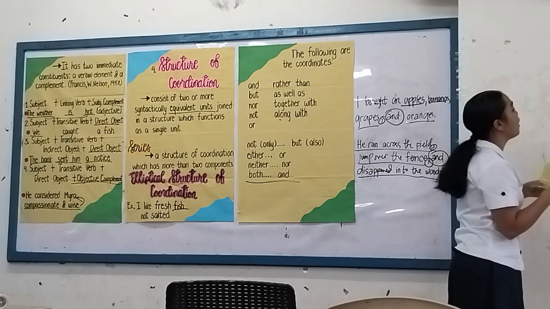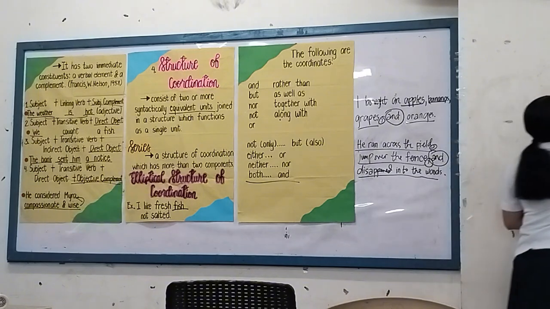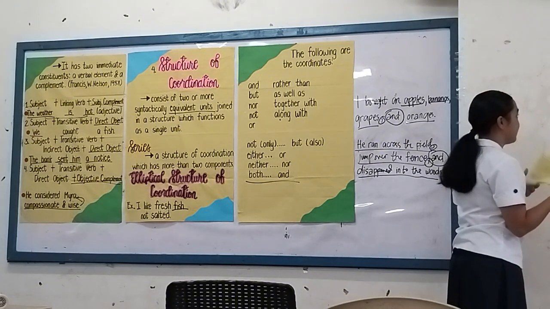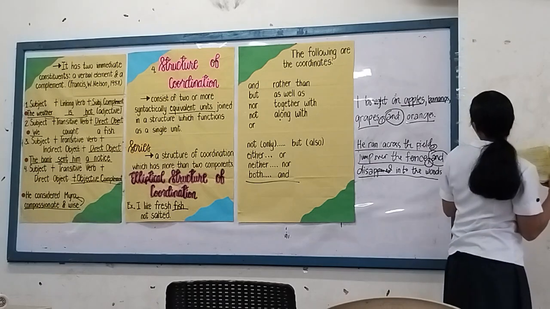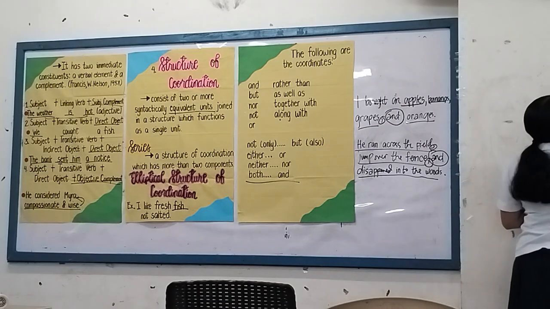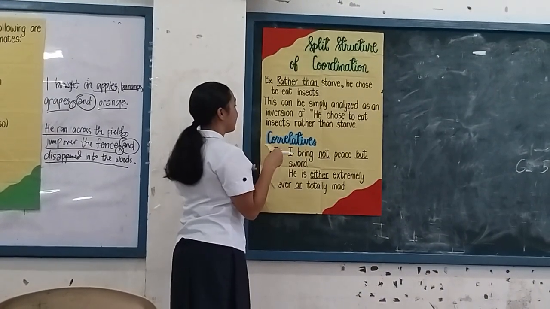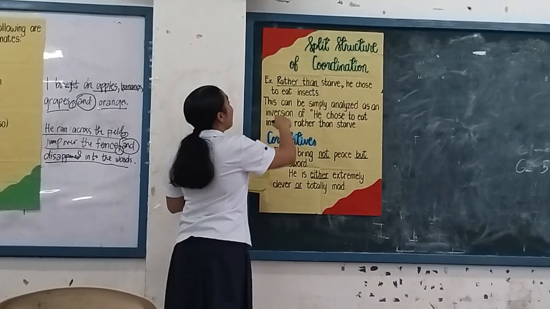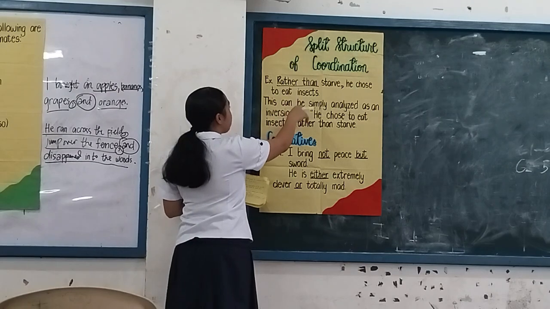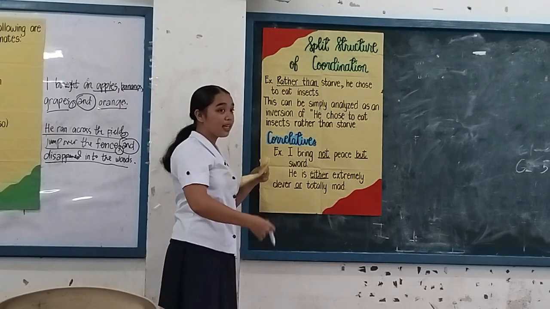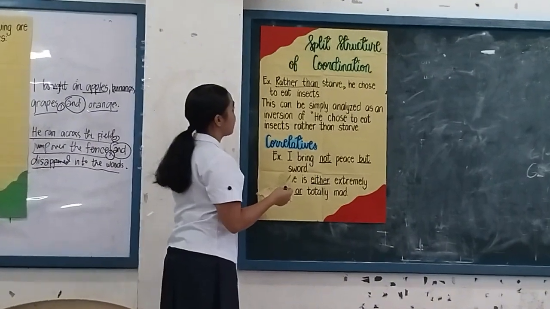So for example, rather than star, he chose to eat instead. So what is the coordinator? Rather than. So it divides the parts of the sentence, but the coordinator is not placed in the middle. So it is expected in the split structure.